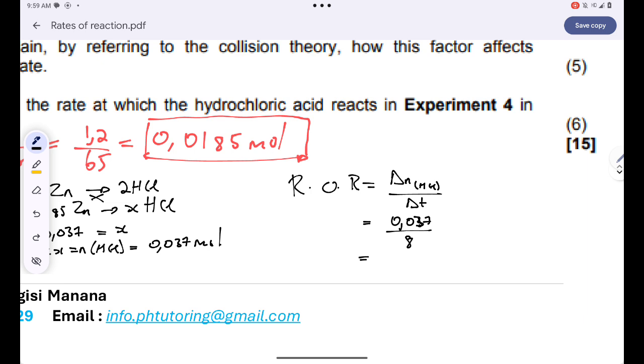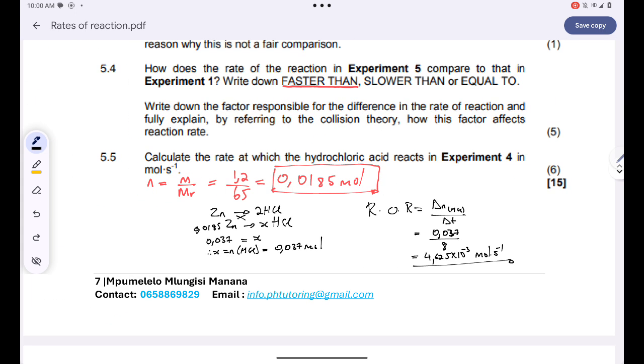So I'll just divide the number of moles by 8, and this will give me 4.625 times 10 to the power negative 3. This will be in moles per second, because I'm dividing the number of moles over time. That's how you're supposed to tackle that question.